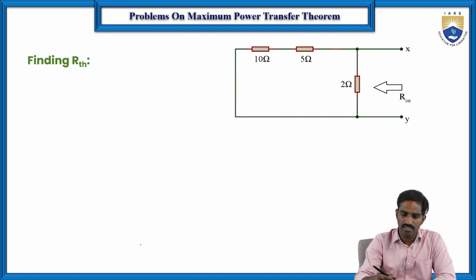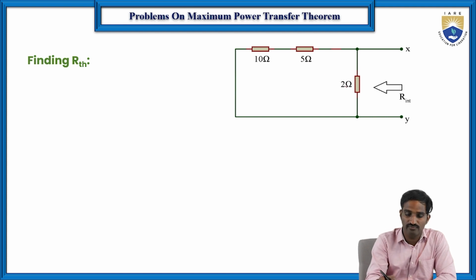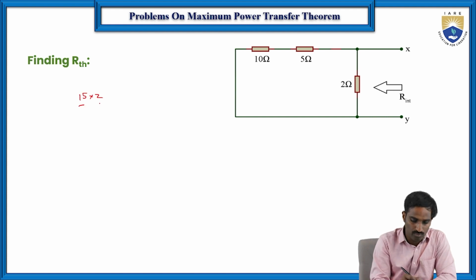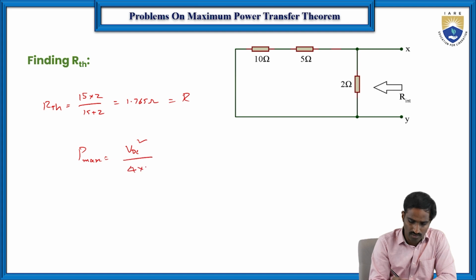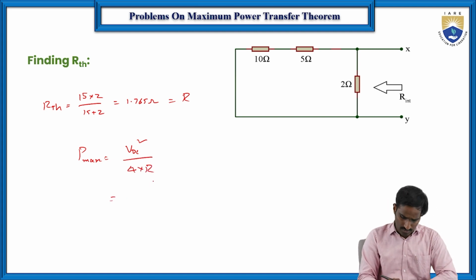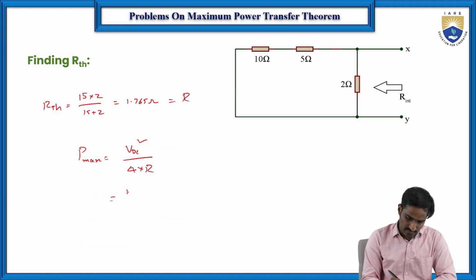Right, then finally R Thevenin is very simple: 10 plus 5 is 15, so 15 into 2 by 15 plus 2, which is R Thevenin. It is equal to 1.765 ohms. Then again the P maximum, which is VOC square by 4 into R. So VOC is 11.65, whole square, by 4 into R, where R is 1.765.